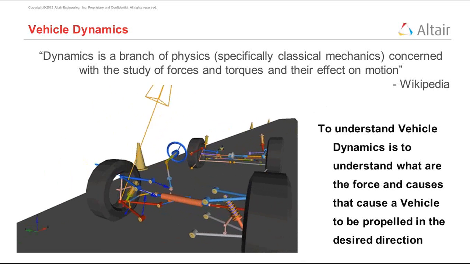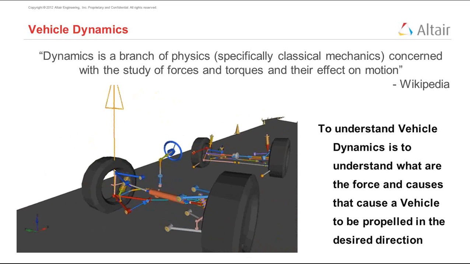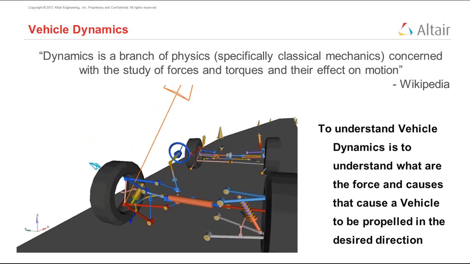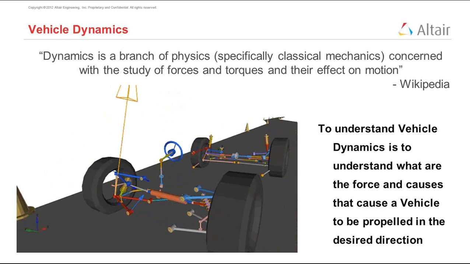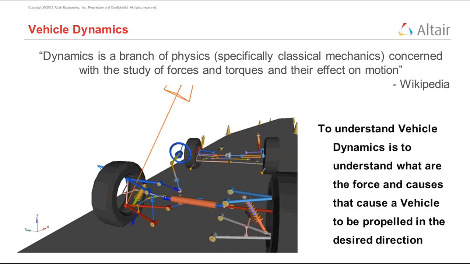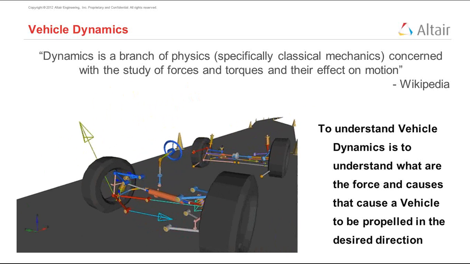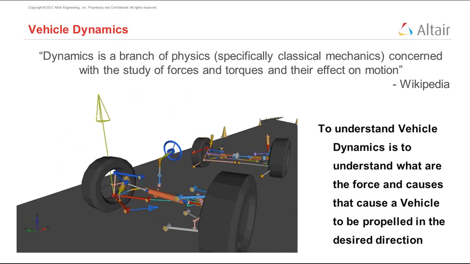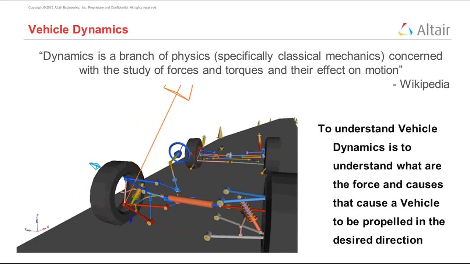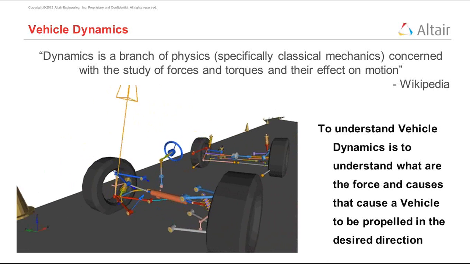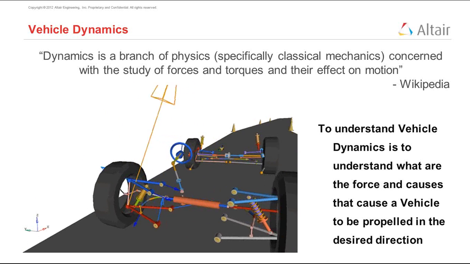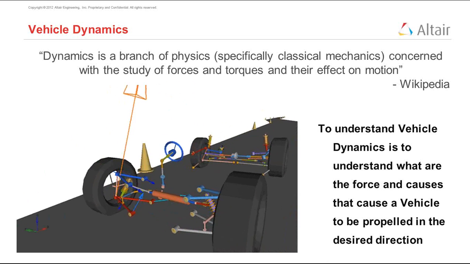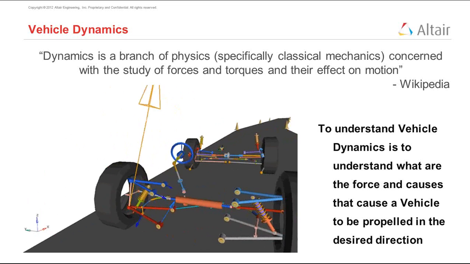Whenever we have any kind of a system of bodies and we know how they are connected, we can apply Newton's laws to determine how they will behave. At the same time, we can also determine what forces and torque each of the bodies will see. So it's about drawing the free body diagrams, applying appropriate forces and calculating forces at different joints and constraints. We'll see this in more detail later.